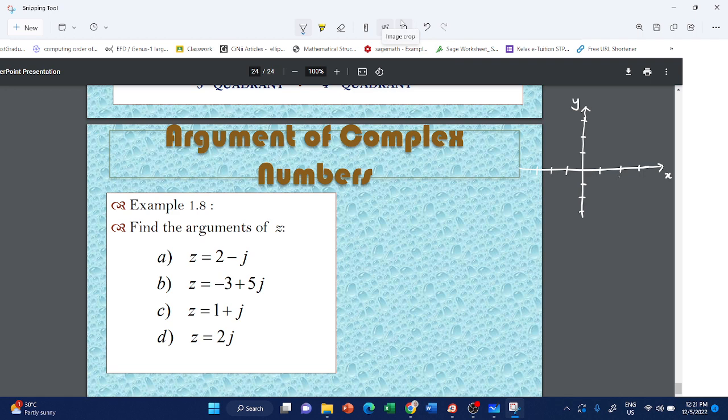So x is 2 is here, y negative 1 is here. So this point. So the coordinate is x 2, y negative 1.